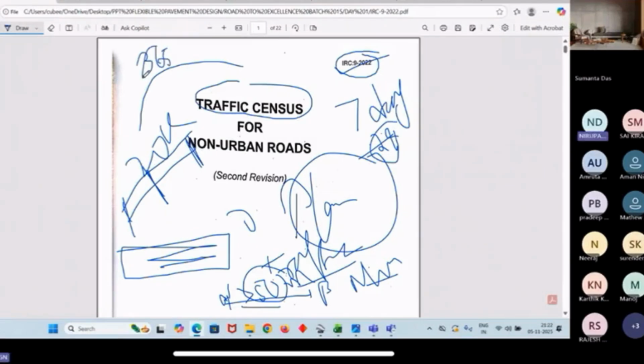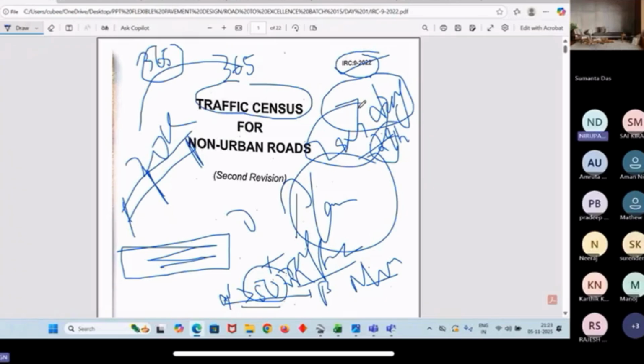It is not possible to conduct a traffic survey throughout the year, 365 days, because analysis, recording and everything is difficult in that case. So you have to take the basic nature of the traffic by taking 7 days, 24 hours. So 24 into 7, if you have done, it is sufficient for any corridor.